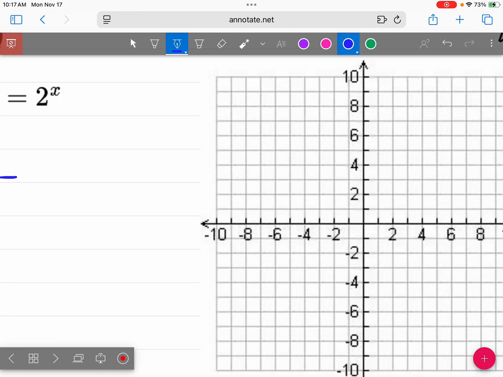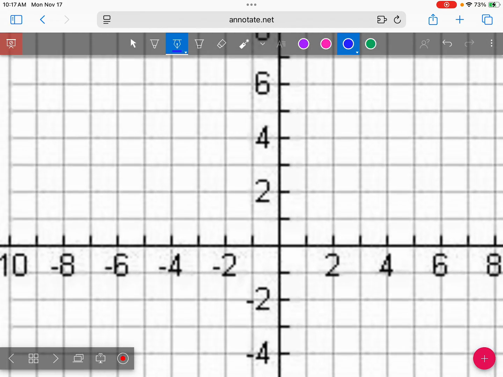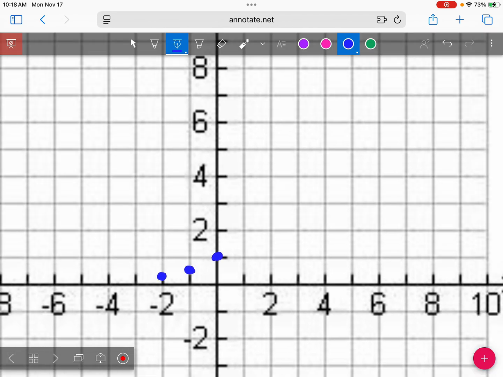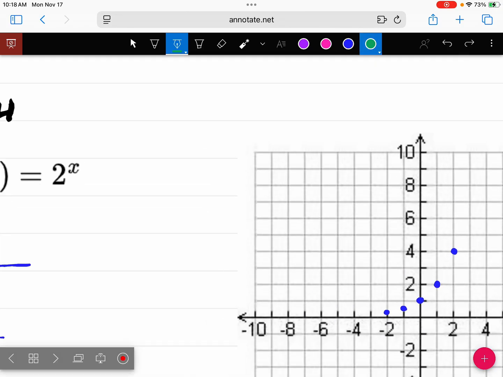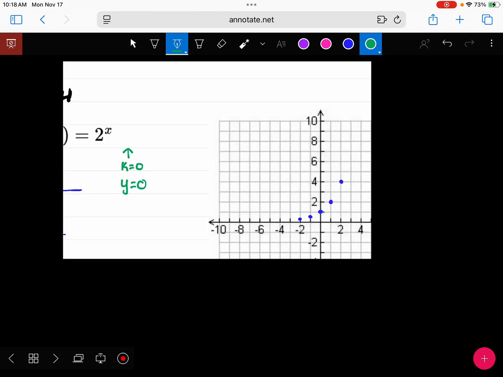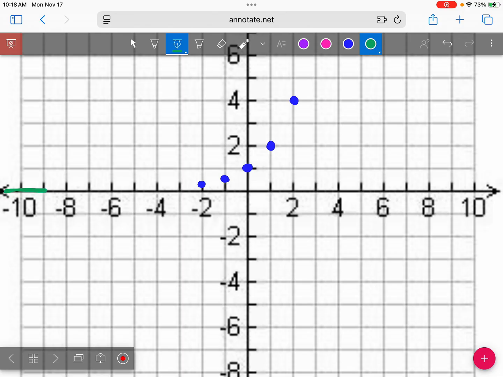So if we plot up those points, we'll start to see what's happening. -2, 1/4, -1, 1/2, 0, 1, 1, 2, and 2, 4. Before I connect these up, I am going to draw in my asymptote here because we do have one. Our asymptote's going to happen wherever our k is. Our k at this point is 0. So we have an asymptote at y equals 0, so right on our axis.